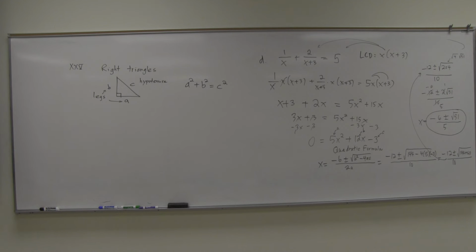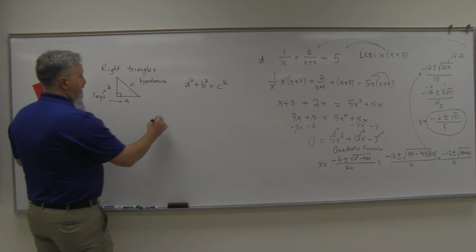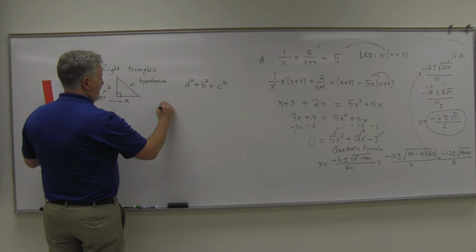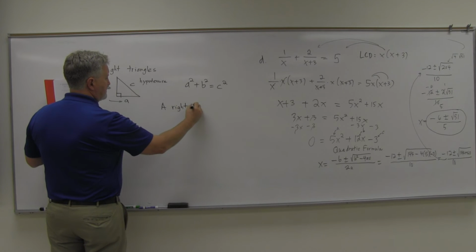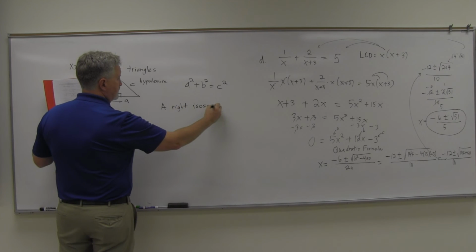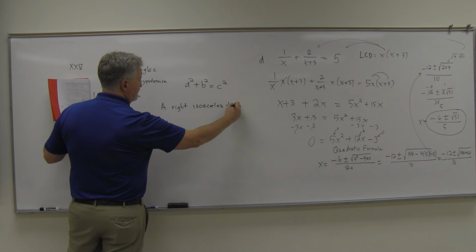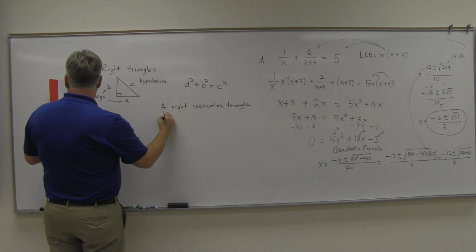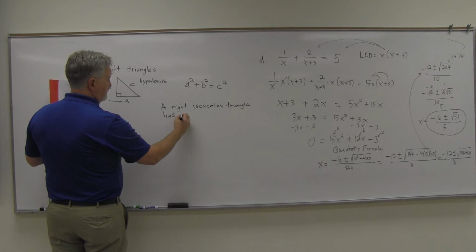So let me do one before I do the A one there on 25. Let's say I've got a right isosceles triangle, and it has a hypotenuse of 100 feet.